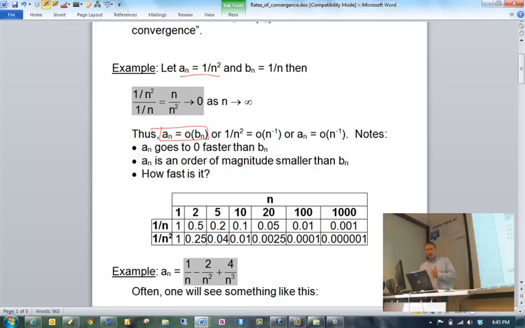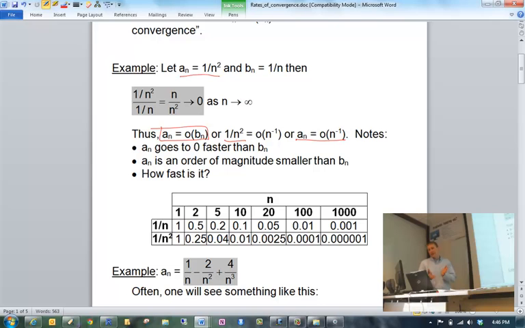For example, let A sub n be 1 over n squared and B sub n be 1 over n. If I take A sub n over B sub n, obviously that goes to 0 as n goes to infinity. So in general notation, people represent this as A sub n equals little o of B sub n. Alternatively, you'll see people write 1 over n squared is equal to little o of 1 over n. Obviously here, A sub n goes to 0 faster than B sub n.